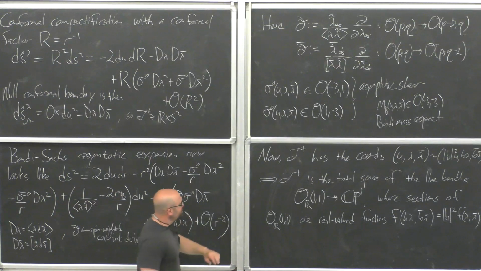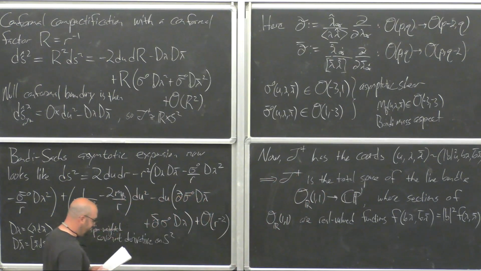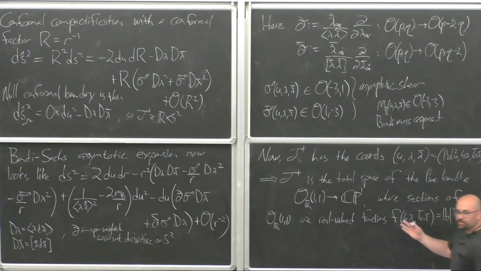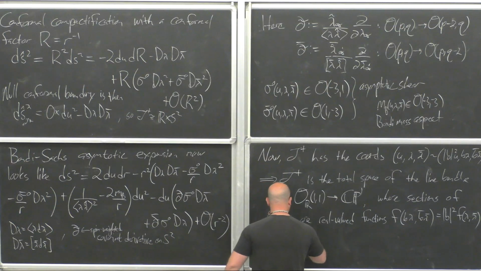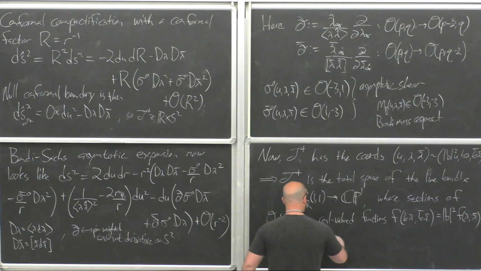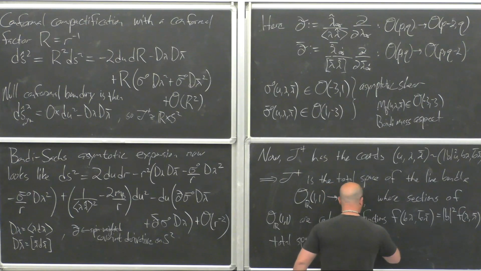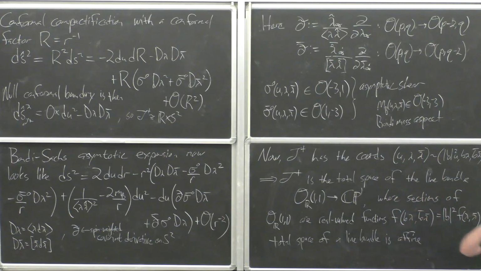So that's the sense in which, in this picture, scri is the total space of a line bundle. But total spaces of bundles are typically affine spaces, right? So the total space of a line bundle over a sphere is affine, by which I mean there's no preferred choice of origin for u.